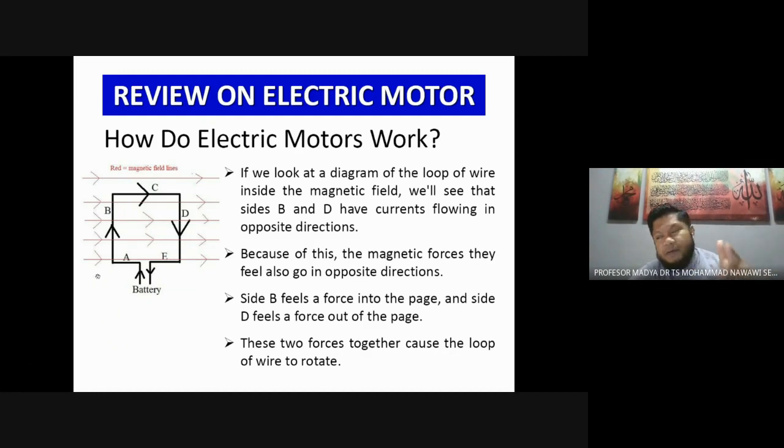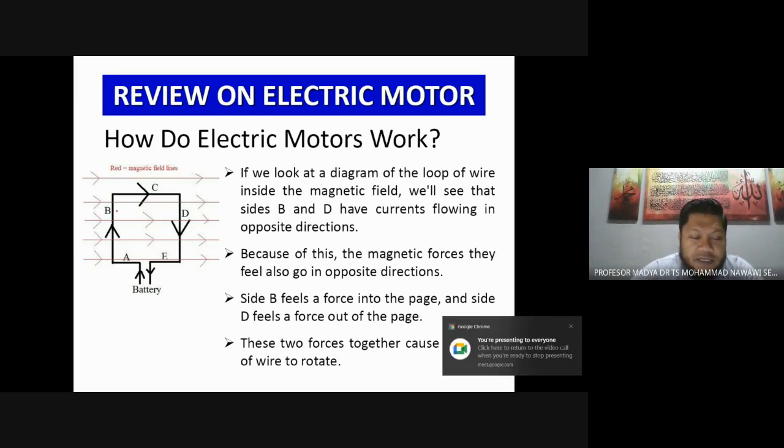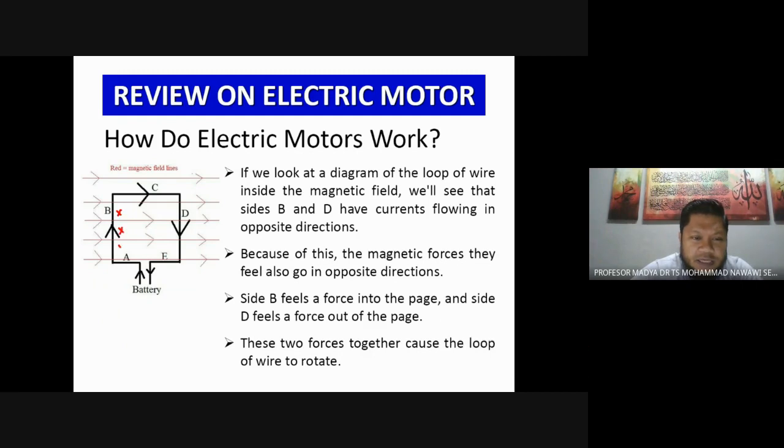It is into. So if you apply your left hand rule, the current flows in that direction, and your index finger on the left is going to the right, then you see that the force is going into the slide. So you mark it as X in that direction, and in the opposite side of the coil, you will experience a force going out of the slide.